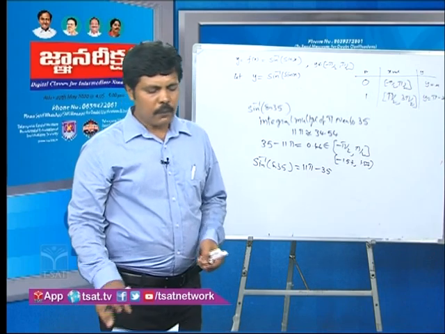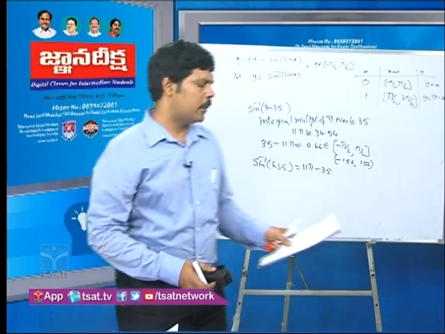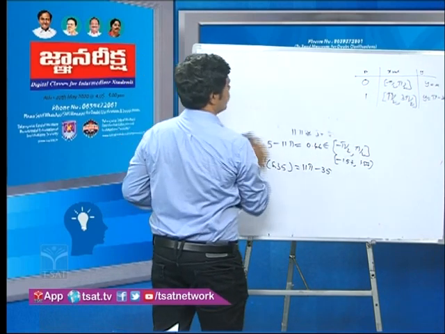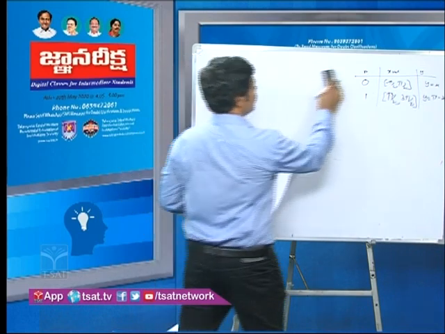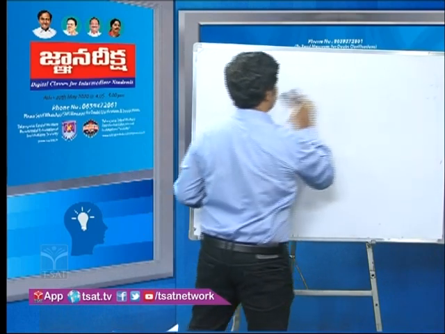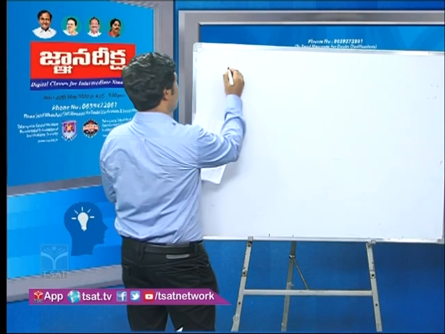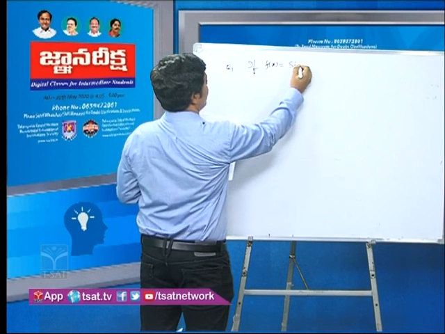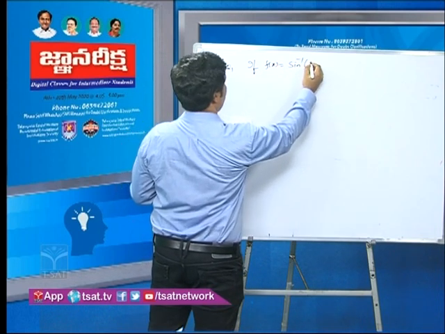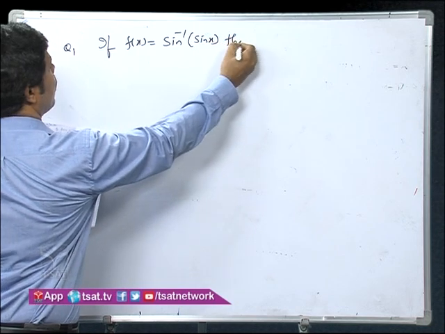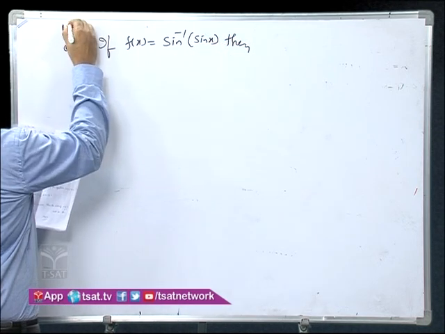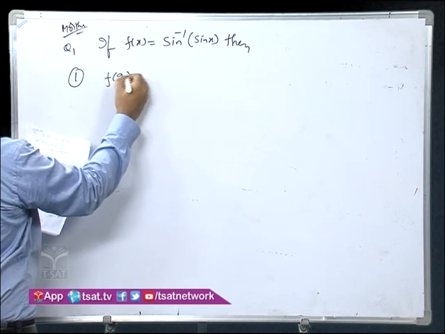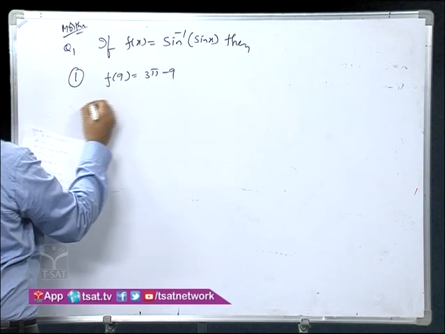Okay. Now another important question in IIT Advanced, one or more than one options. I will read the question. Question 1. If f of x is equal to sin inverse of sin x, then more than one option may be correct. First option, f of 9 is equal to 3 pi minus 9.